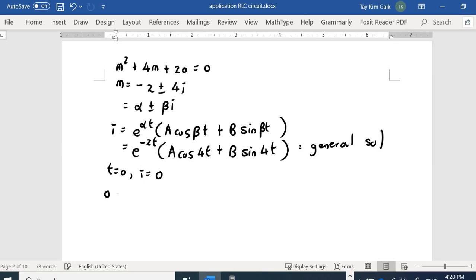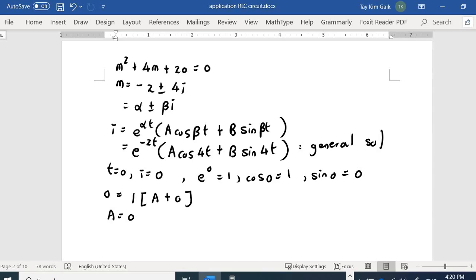You have 0, and because e to the 0 is 1, cos 0 is 1, sin 0 equal to 0, that's why I have here 1 multiply A, B here is 0. So 1A equal to 0 means your A equal to 0.